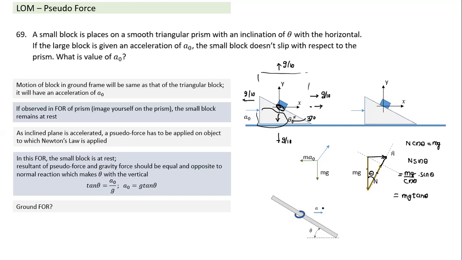If this acceleration a is equal to g tan theta, what will happen here? This ring also will not slide with respect to the rod, same as this block. Same logic: if we draw the free body diagram of the ring, it is exactly the same.